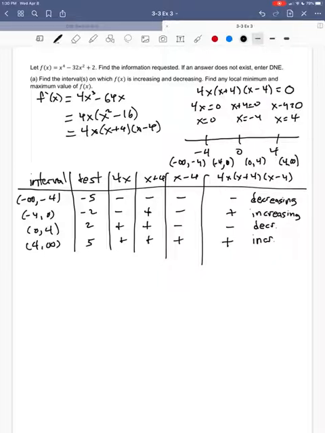So I'm supposed to find where the function is increasing and decreasing. So it's going to be increasing from negative 4 to 0 and from 4 to infinity. I just looked for where it's increasing, from negative 4 to 0, and it's increasing here from 4 to infinity.